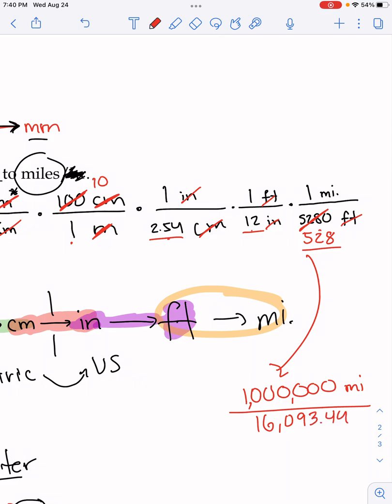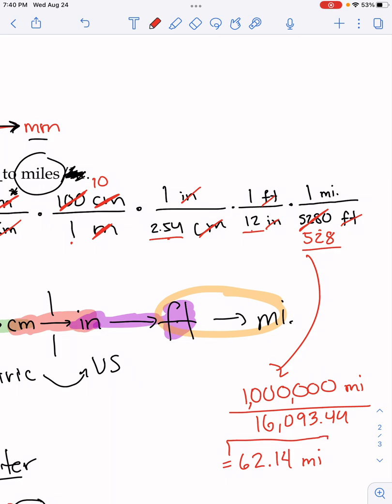Let's divide these two numbers here, all this to find out how many miles. We are going to get a pretty big decimal, but we'll put an equal sign. This is 62 point, and we're going to round to the nearest hundredths place. So 0, 1, 4 miles.